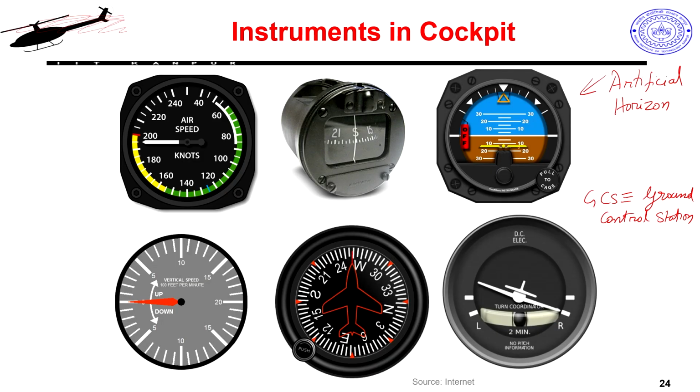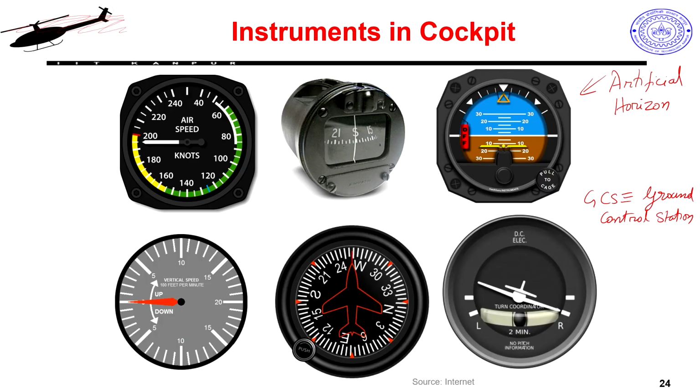Ideally you would want this blue and brown to be balanced, half blue half brown, which means you are absolutely level, neither climbing nor descending, and these instruments are there for every UAV, fixed wing, rotary wing, every type of UAV. So I want this blue and brown to be equal, but the moment I see more blue, what would it mean? You are climbing upwards.